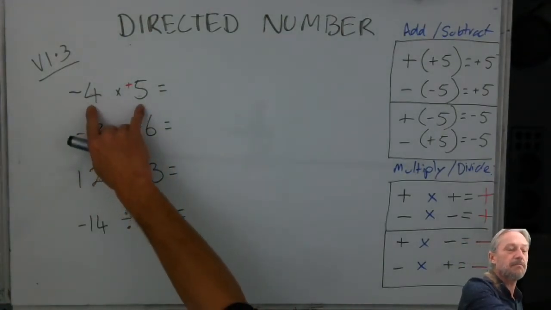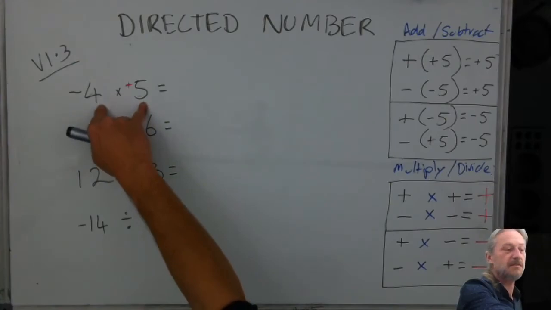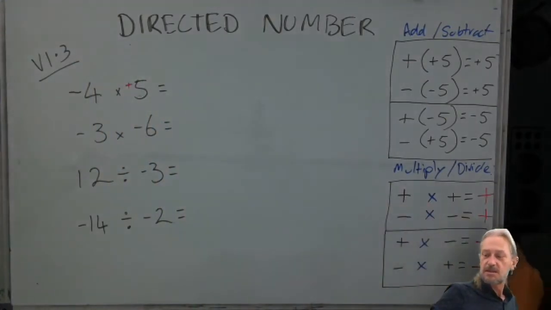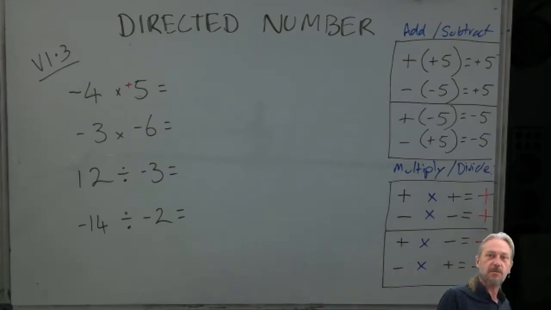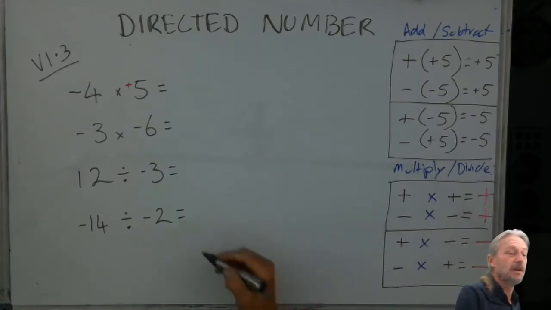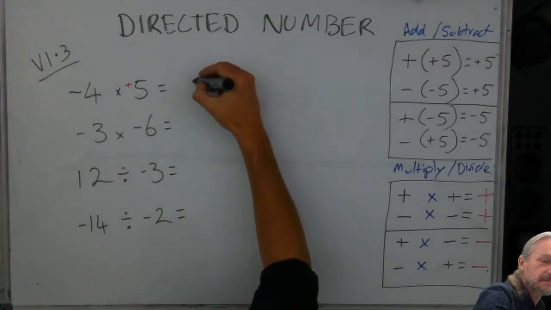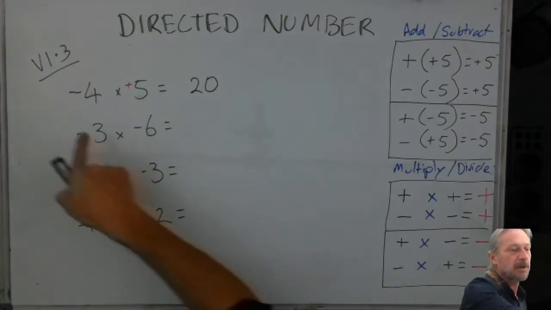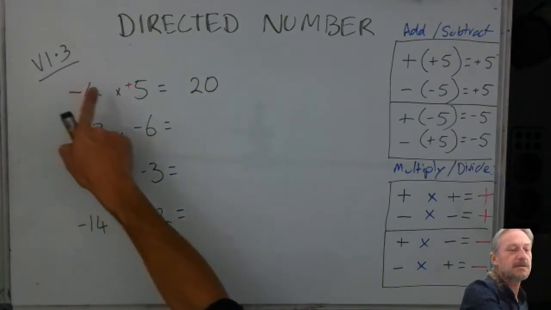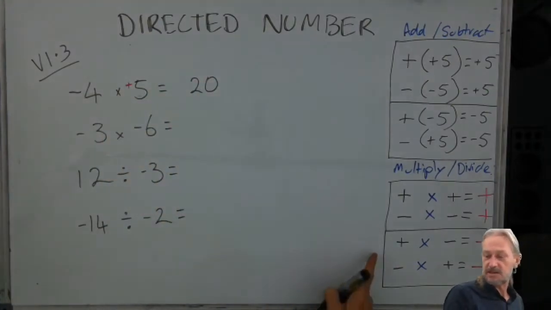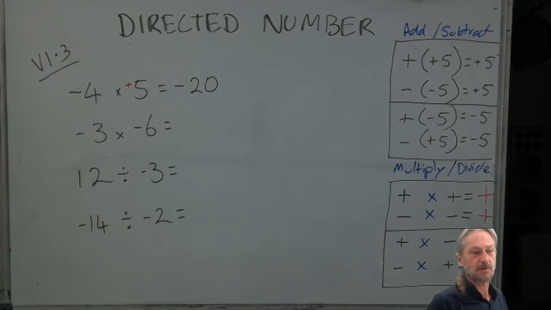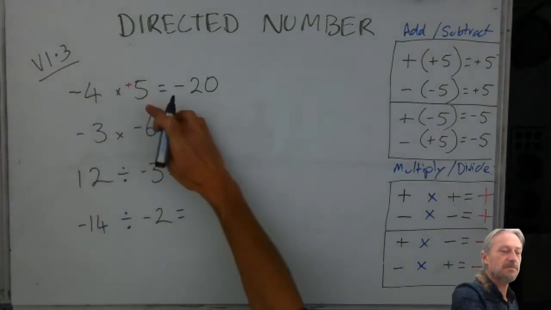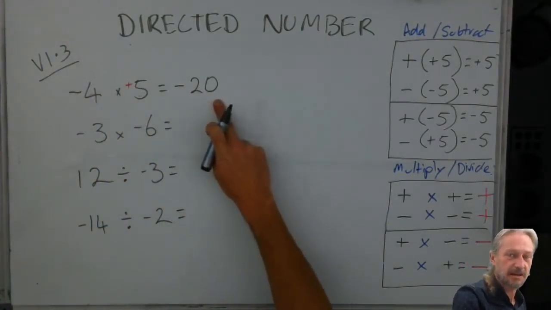We multiply the two numbers as if they're positive, and then depending on whether the signs match or if they're different, that will determine what the sign is. So 5 times 4 is 20. But because we have a negative times a positive, they're different, so we're going to end up with a negative result. So -4 times +5 is -20.